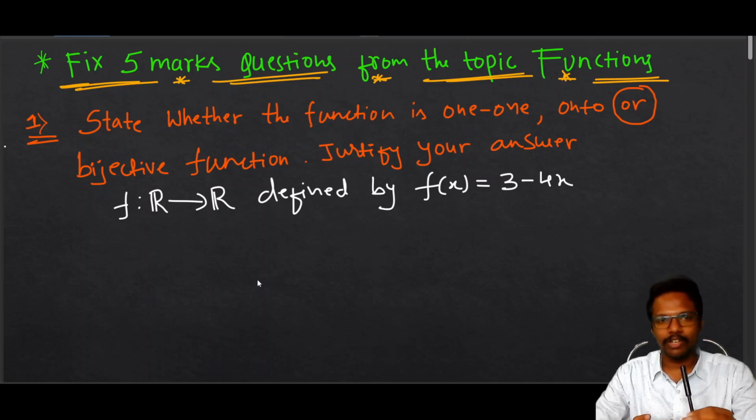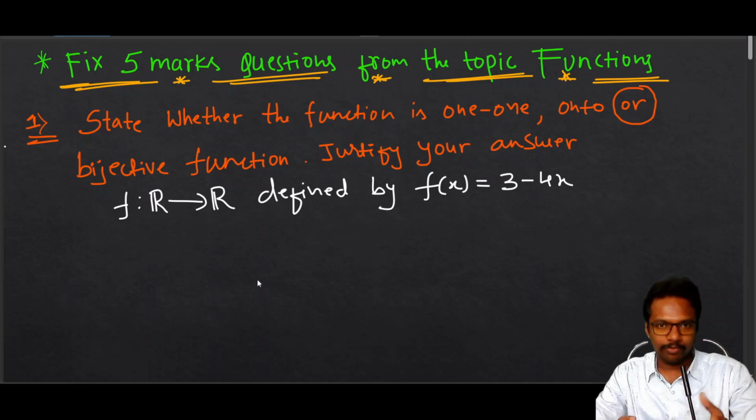Definitely we can expect a 5 marks question. To solve the 5 marks question, we should know the definition of one-one function, the definition of onto function, as well as the bijective function. If you understand the definition of one-one and onto function, then our aim is to apply it to solve a 5 marks question.